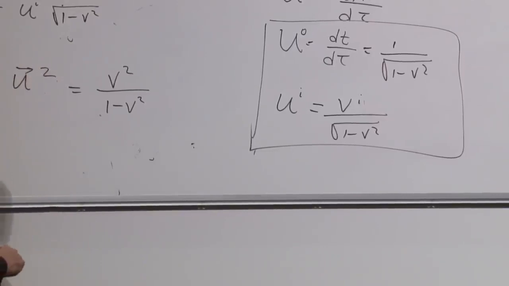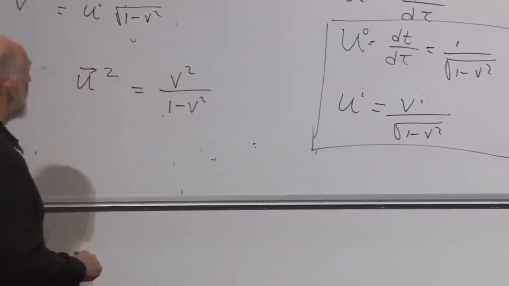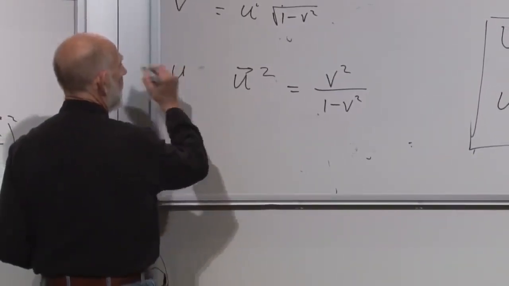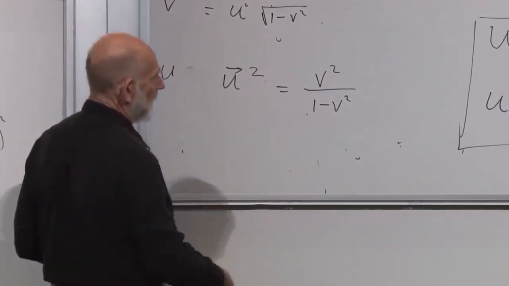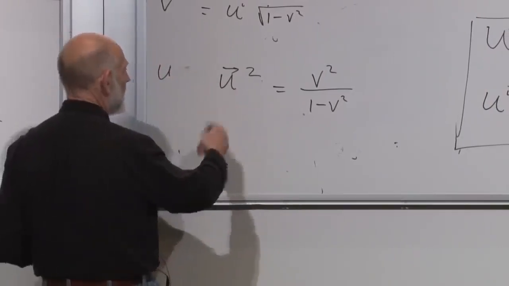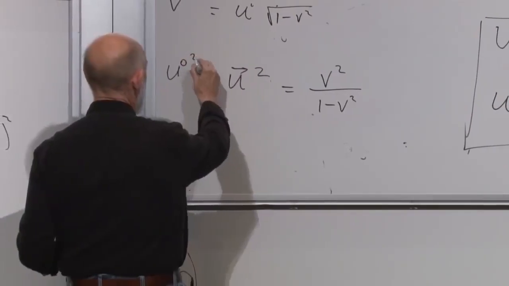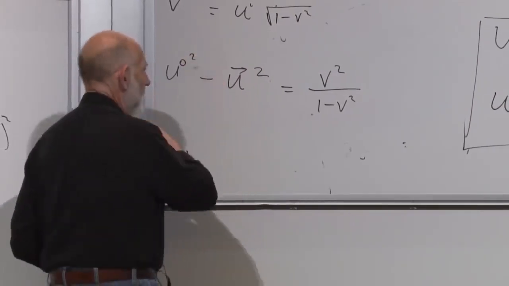In a way, it seems like you can just see it from the definition of u0. Yes, we can, but I'm halfway through it, so let's finish it. Let's take u0 squared minus this thing here.